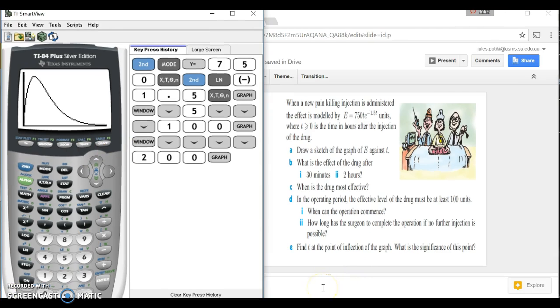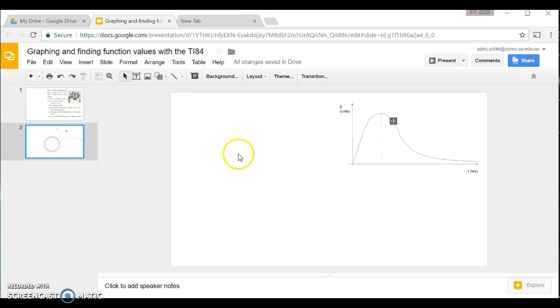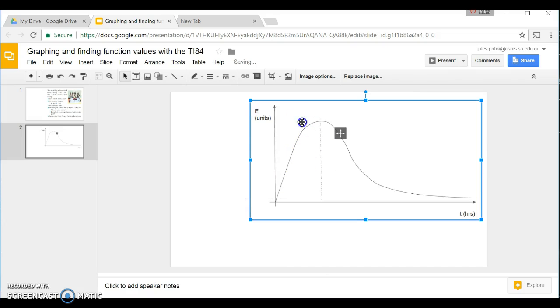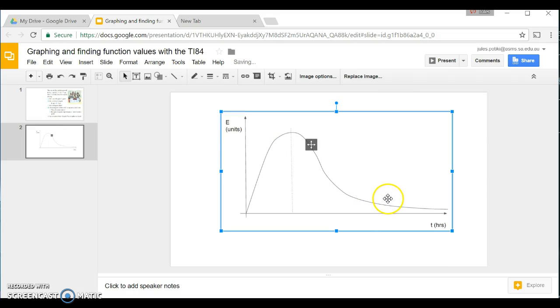So to sketch the graph, I'll just quickly show you what that should probably look like. Okay, so you can see here that I have sketched a very rough surge function to match what my calculator produced.